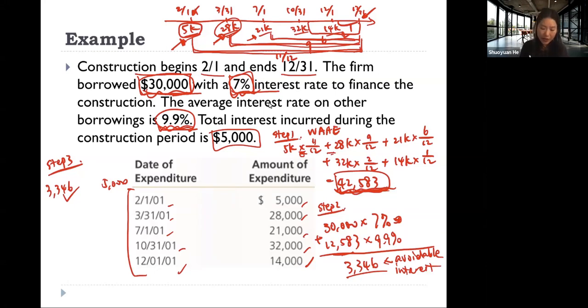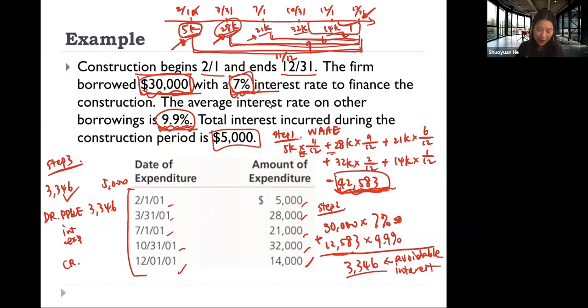And the journal entry here is to debit PP&E for 3,346. Debit interest expense, we're going to calculate it later, but let's write out the credit side first.